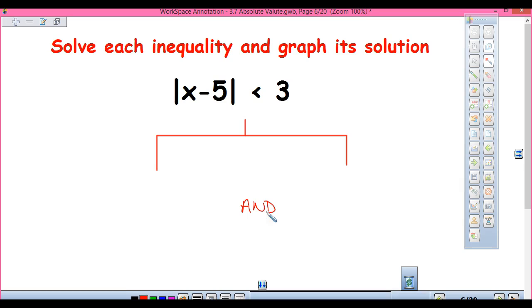All right, so my first inequality is going to look like what? x minus 5 is less than 3 and x minus 5 is greater than negative 3. So we solve it, we get x is less than 8, and x is greater than 2.